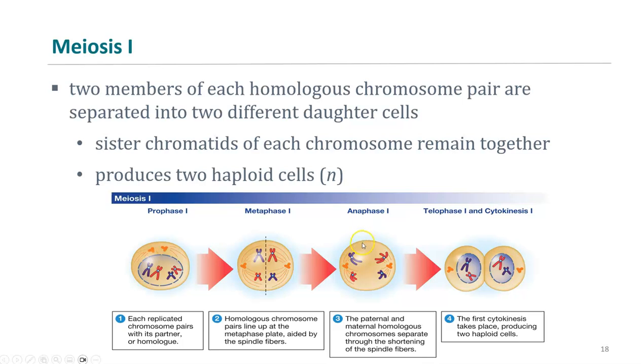And anaphase is when we're going to pull homologous chromosomes to opposite poles of the cell. Then we package up those chromosomes into their own nuclei. And then this is followed by cytokinesis, which divides the cell up into 2 daughter cells.